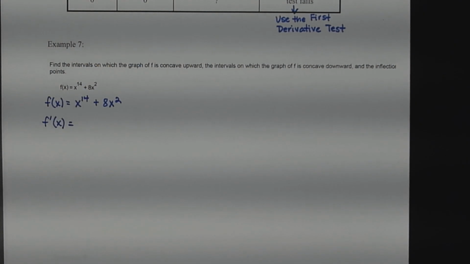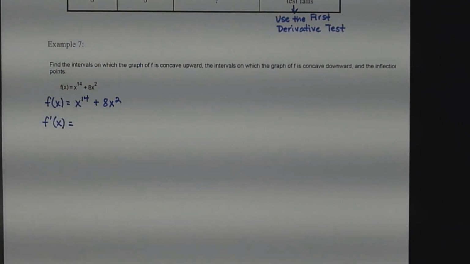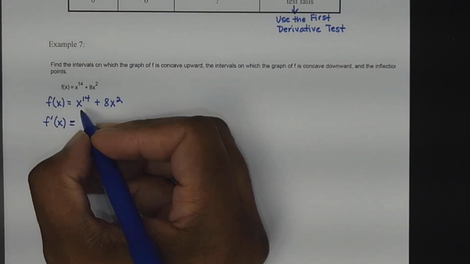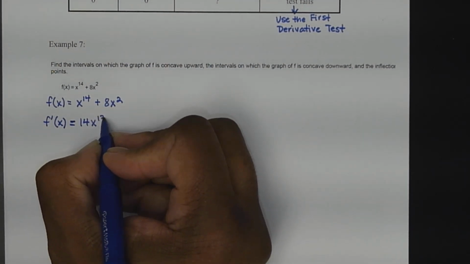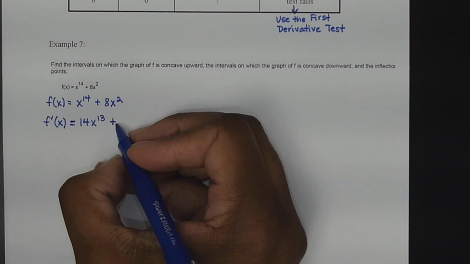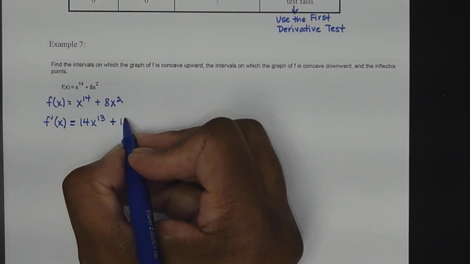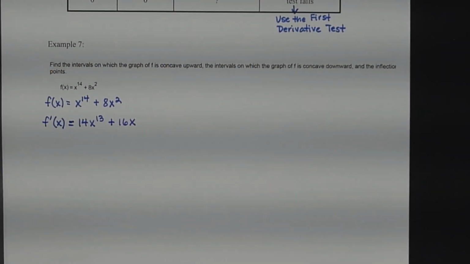First we find the first derivative: the derivative of x to the 14th is 14x to the 13th, plus the derivative of 8x squared, which is 16x.